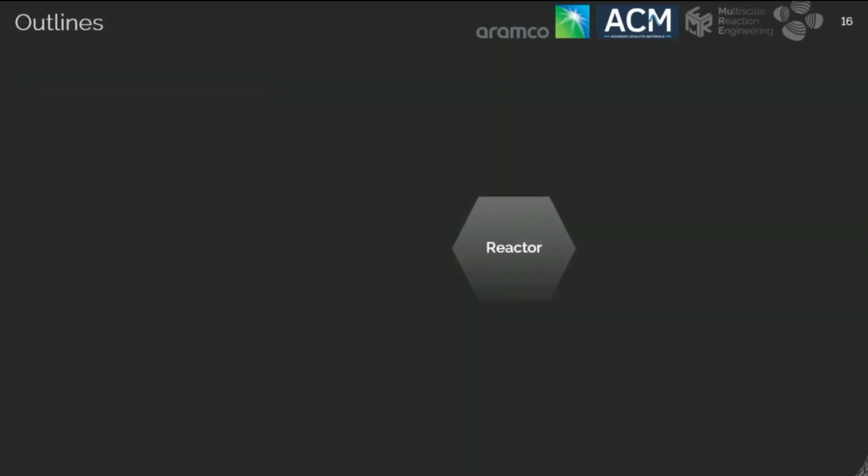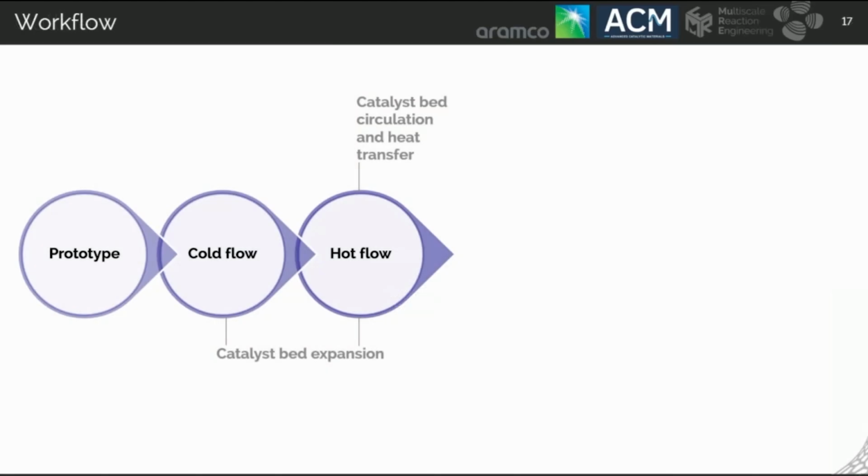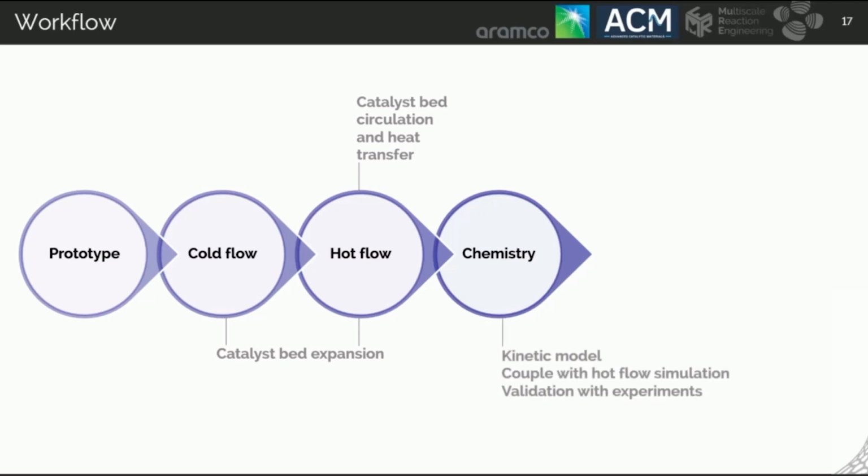So finally, I am going to show you some of our ongoing work. Coming back to our workflow, after we finish studying the hot flow, we are studying the chemistry of the crude oil catalytic cracking, in which we are targeting a kinetic model that can be coupled with our hot flow simulation and also can be validated with the experimental data that we have.